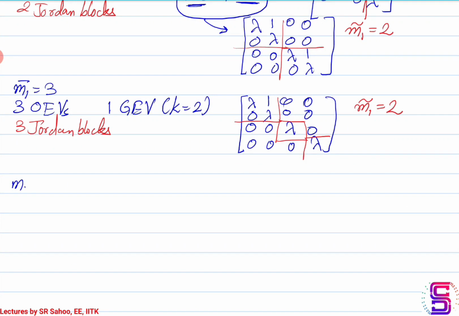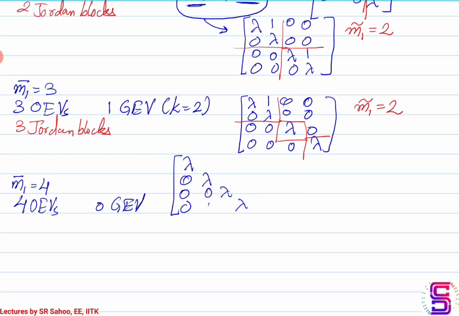The last case is M1 bar equal to 4, which means there have to be 4 OEVs and no GEV. So in this case, the Jordan block is just a diagonal.